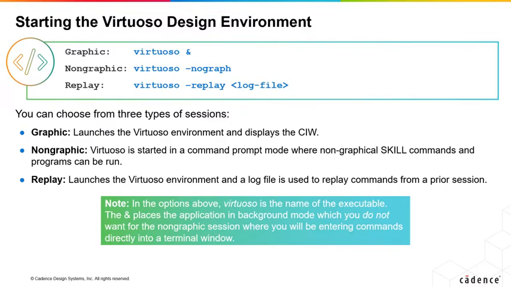And what we'll do is execute all of the commands that you did in the prior session. It will pop up windows, it will enter data, it will move windows and data just the way you had done it in the prior session. And then when it gets to the end of the log file, it will stop and you will see where you were in that last session.